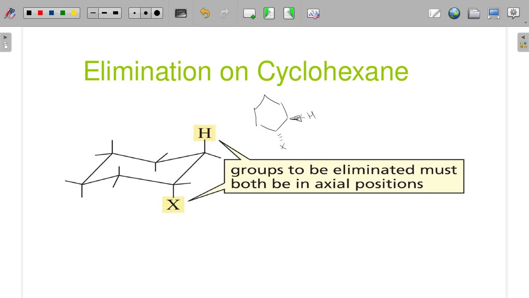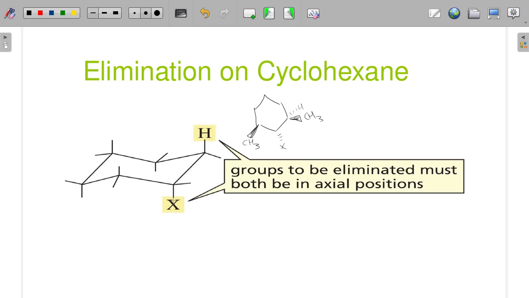And if I had actually made this and put a CH3 there and put a CH3 up here, this particular one will not do an elimination because there's no way I could replace a hydrogen on that second position. Because even if this other position is a hydrogen, there would never be a way to get them to be anti-coplanar. So the eliminated positions must be in axial positions, and they must be anti to one another.